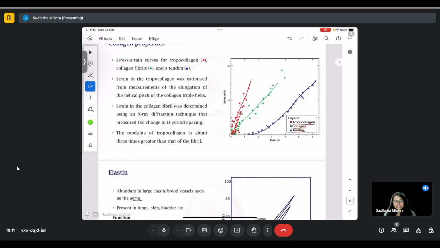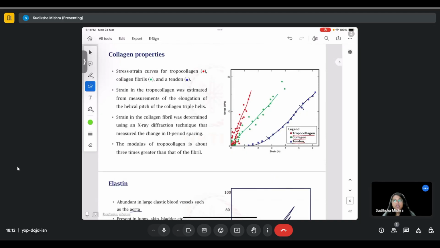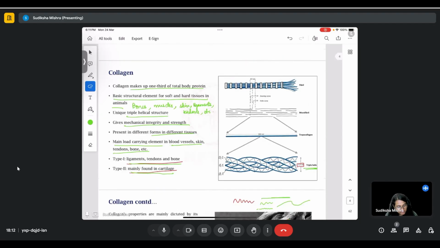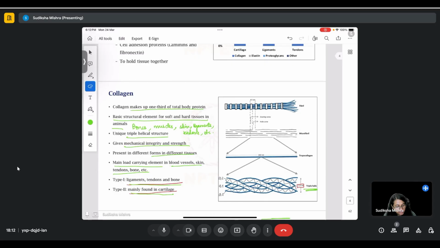One more thing: this triple helix is essentially known as tropocollagen, and multiple such tropocollagen form microfibrils, which can then form fibrils, which can then go on to form fascicles and other higher structures.